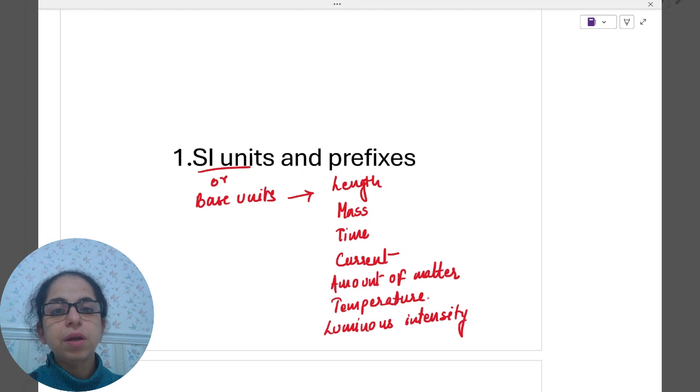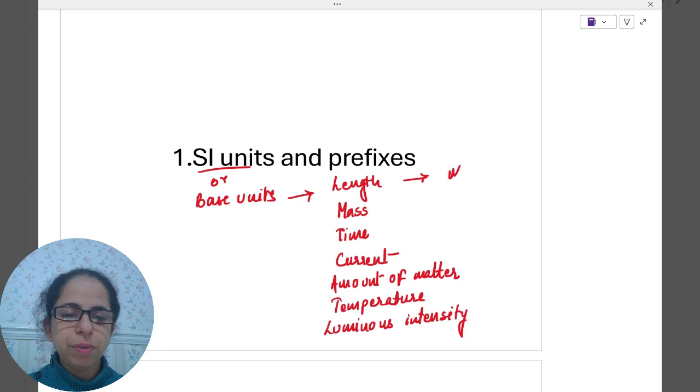Now, let's talk about the base units. Length, any kind of length, distance, or height, should always be measured in meters if it's a base quantity. Mass, kilograms. Mass and weight are different things, so don't get confused. Time is seconds. Current is amps. Amount of matter is mole.